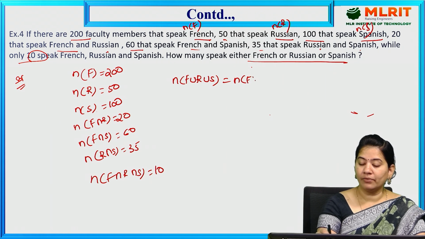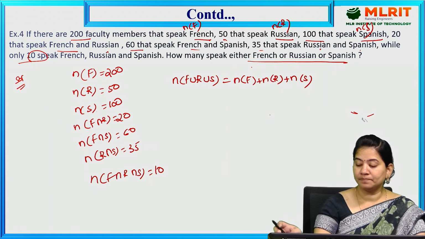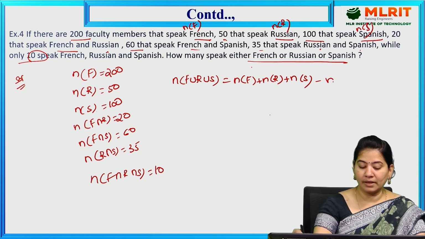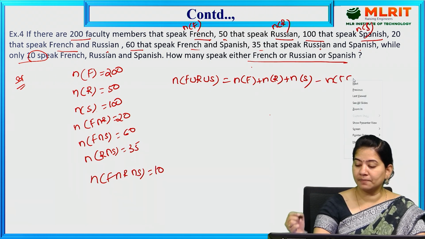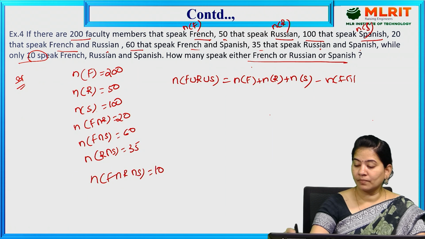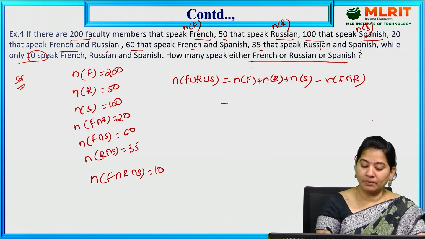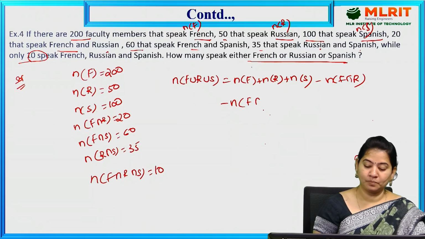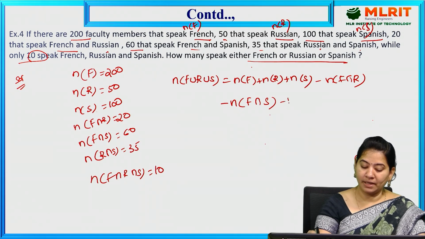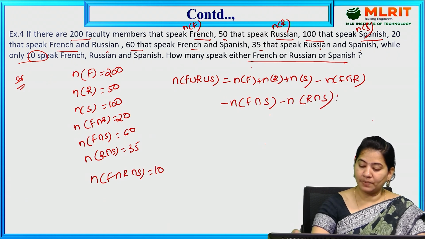N of F plus N of R plus N of S minus N of F intersection R, minus N of F intersection S, and minus N of R intersection S. So, here plus N of F intersection R intersection S.